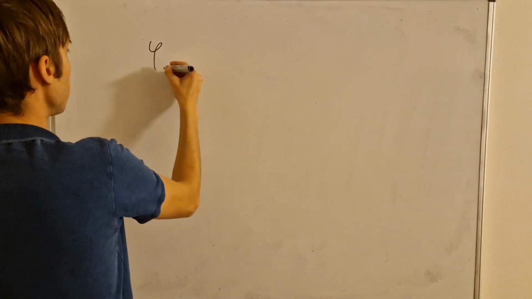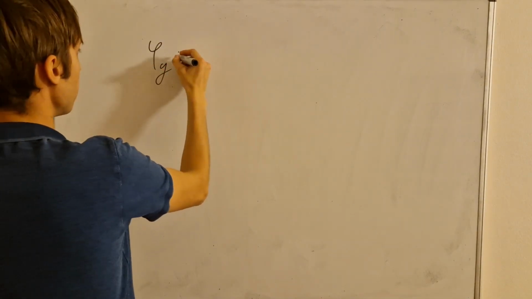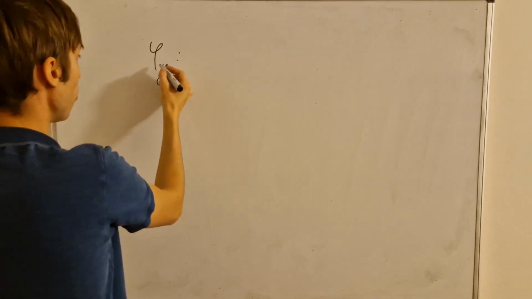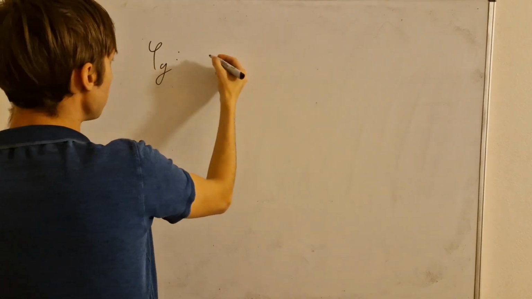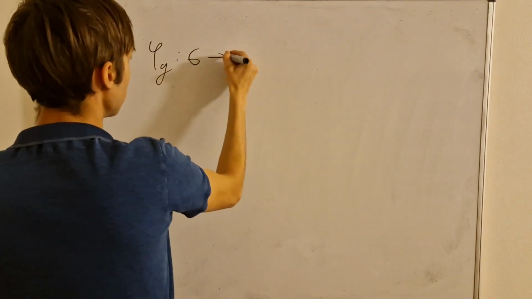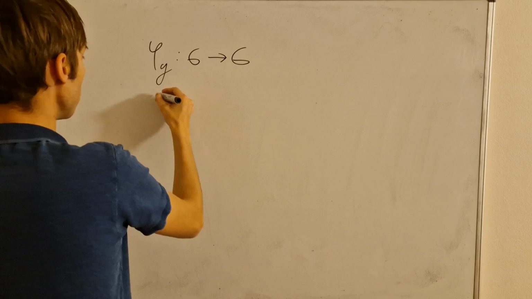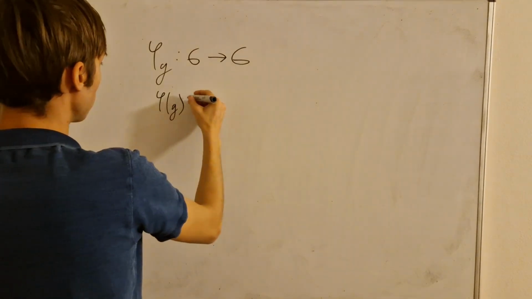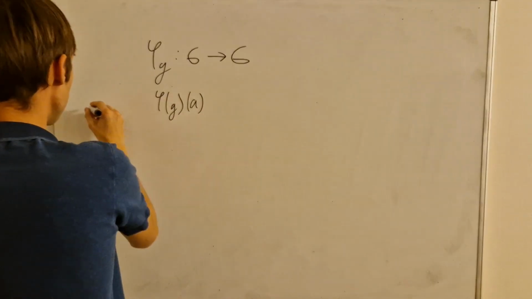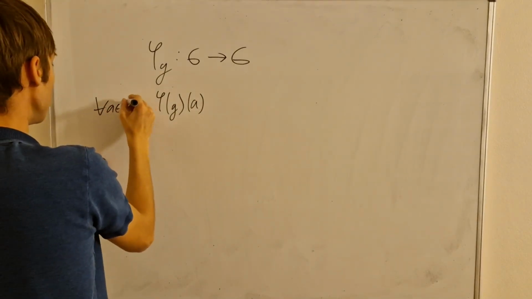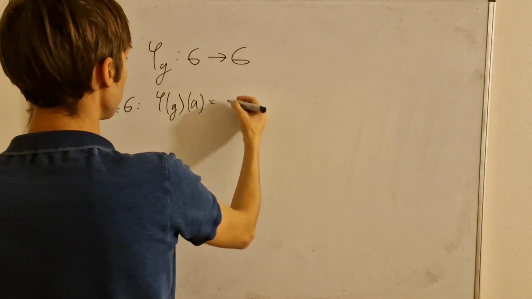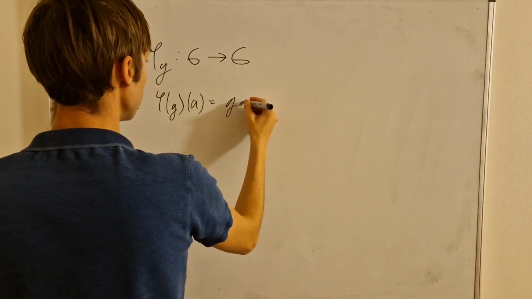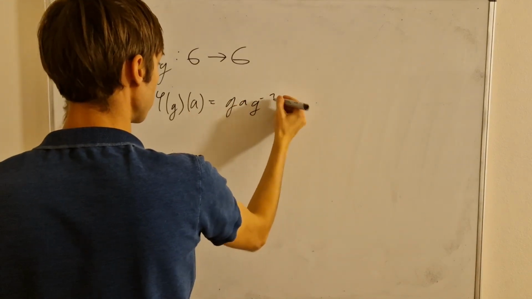So we can denote it as some automorphism by element G, which basically means it goes from a group G to G, and this applied to some element A for every element in G basically will mean G times A times G inverse.